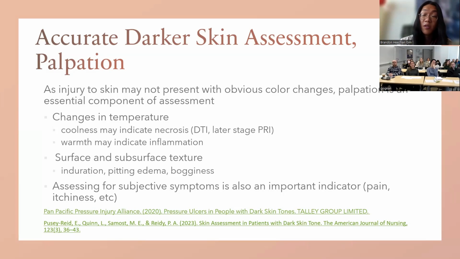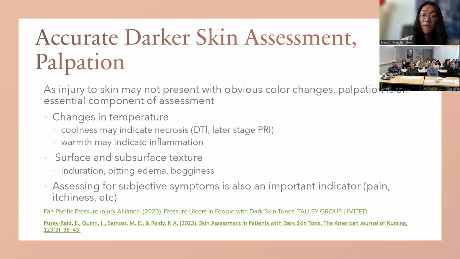Changes in temperature may indicate changes to the health of the skin. Coolness compared to adjacent skin or other anatomically similar areas could indicate necrosis, deep tissue injury, or later stage pressure injury.